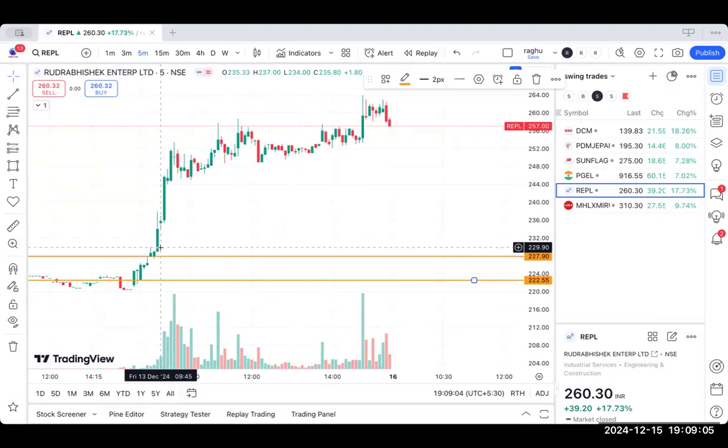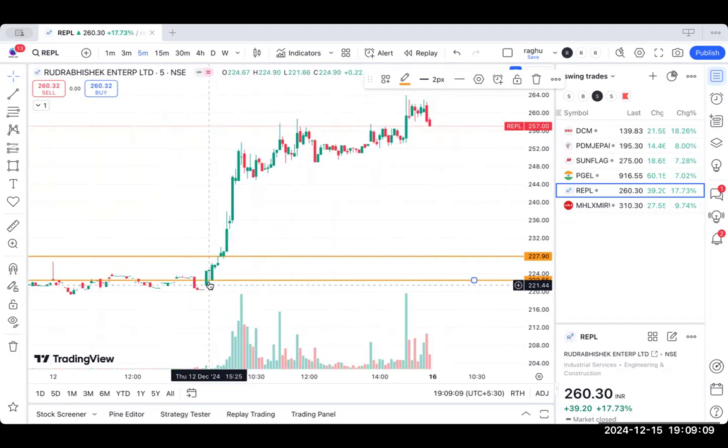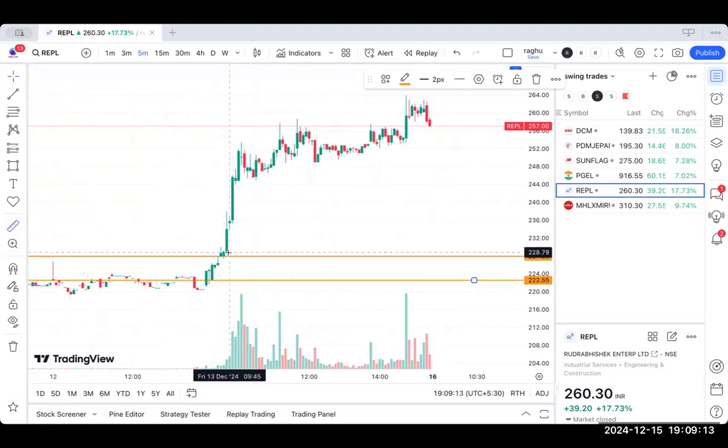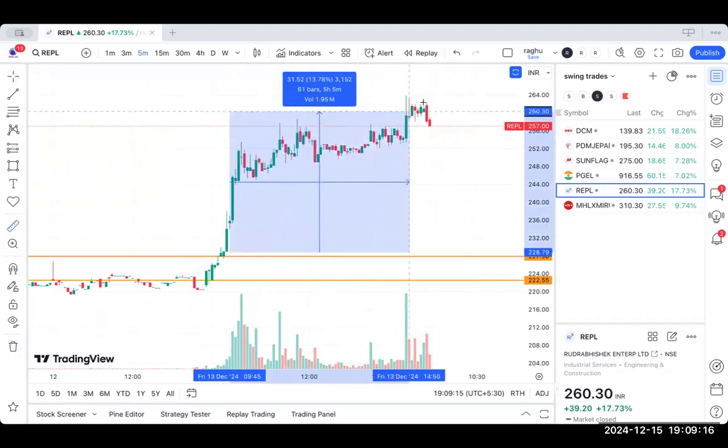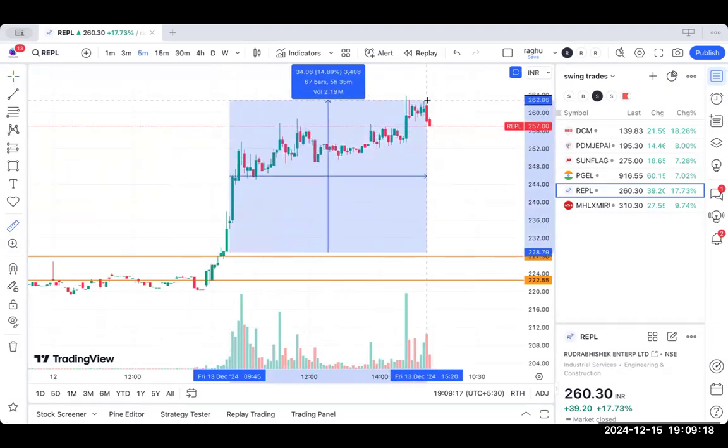I remember 229, I guess. So I had given this stop. Now it is too fast, and you got the chance here to take an entry just using ORB, nothing else, which is around 15% gains intraday.